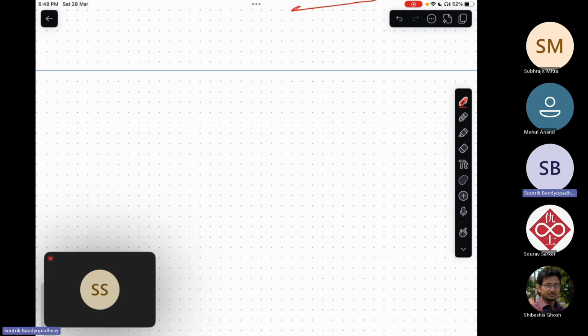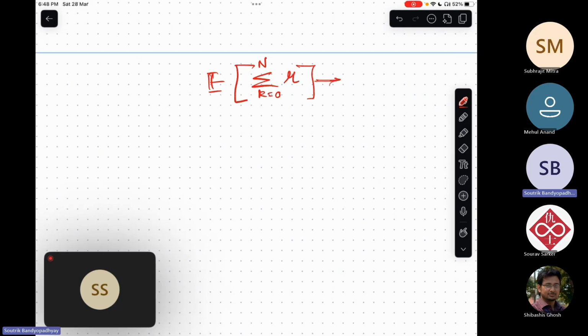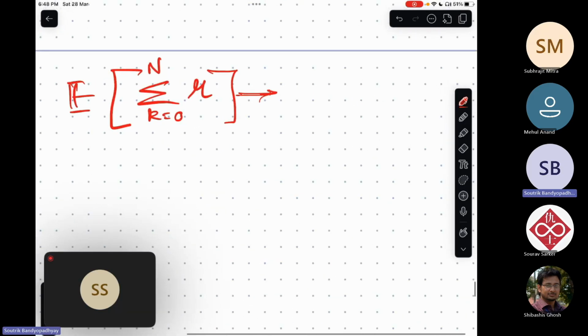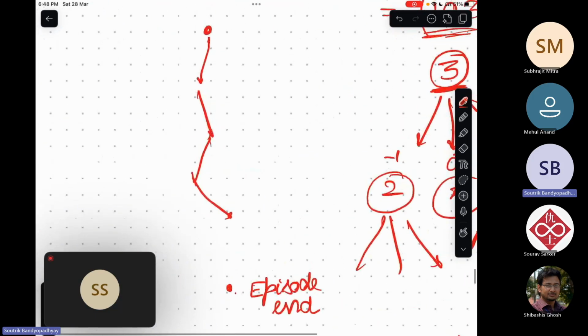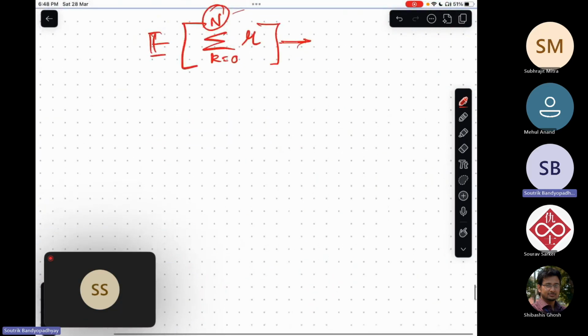Now, I have omitted a big detail in this scenario. Initially, I mentioned that you maximize the sum of rewards from k equal to 0 to a very high value, right? Now, when you implement this in practice, this value of n can be really high. As I mentioned, this chain can continue for a really long time, and eventually it may either terminate or it may not terminate, right?